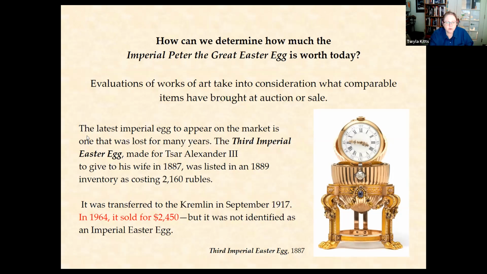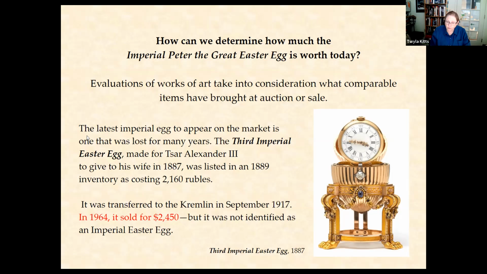The latest imperial egg to appear on the market was one of those that had been lost. It was the third imperial egg made for Tsar Alexander III to give to his wife in 1887, listed in the 1889 inventory as costing 2,160 rubles.